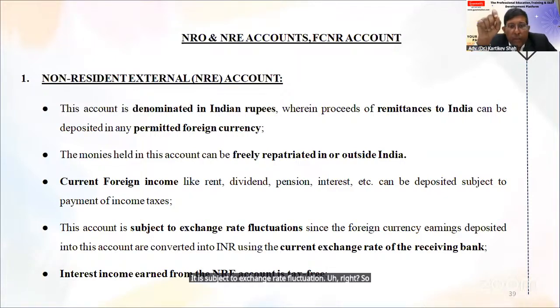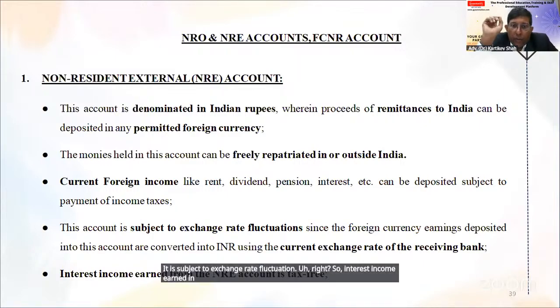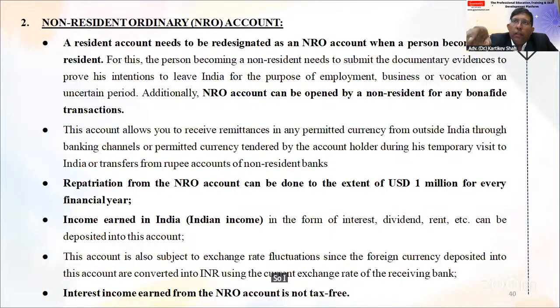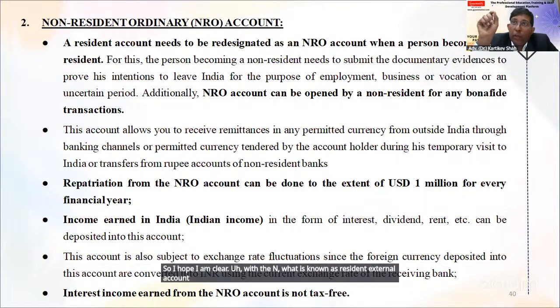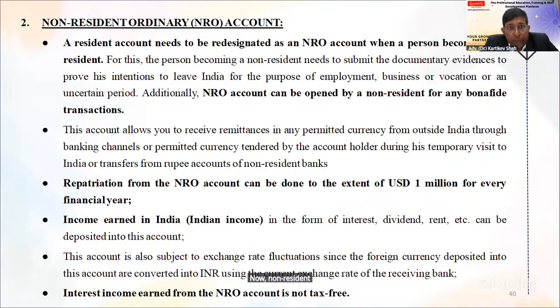So interest income earned in an NRE account is tax free. So I hope I am clear about what a non-resident external account is, and that interest income earned on an NRE account is tax free. Now the non-resident ordinary account. So friends, what is a non-resident ordinary account?